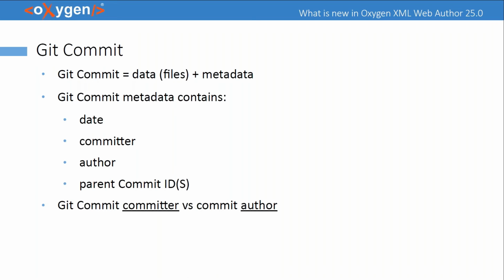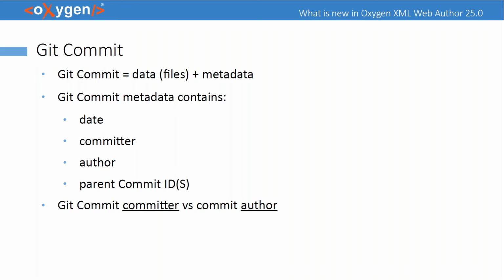Then I just want to make a mention about the difference between the committer and the author. The committer is the one who creates the commit, but isn't necessarily the author of the committed files, because I can also cherry-pick a colleague's commit, put it in my branch and push it.